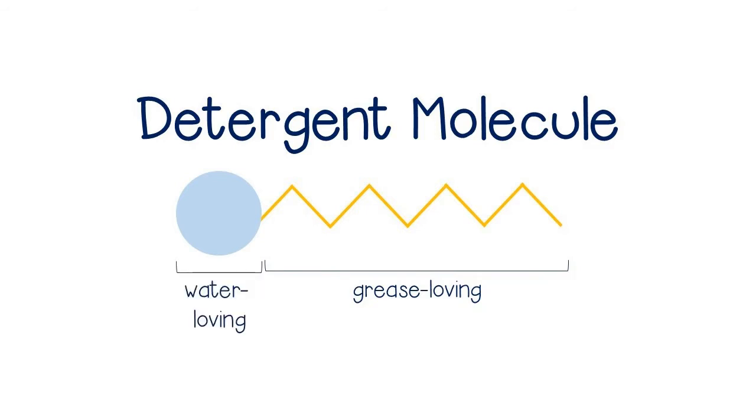So whenever you add detergent to these 2 liquids, the head of the detergent will stick to the water and the tail will stick to the oil. And when you shake it up, it mixes it together. So it's kind of the bridge between the oil and the water, and it allows them to stick together.